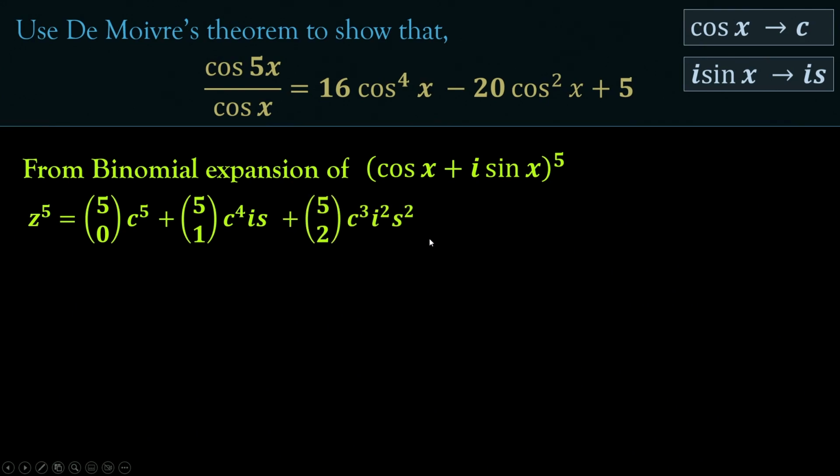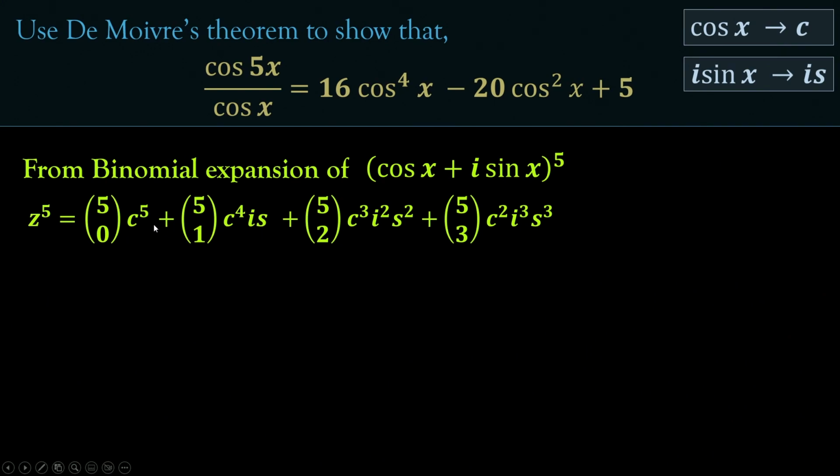Okay, and then the next term we expect, because this is power 5, we expect 6 terms. So the next term is going to be 5 combination 3, cosine of x squared, and i sine x to the power 3. Okay, the next term, so notice powers of is are increasing.